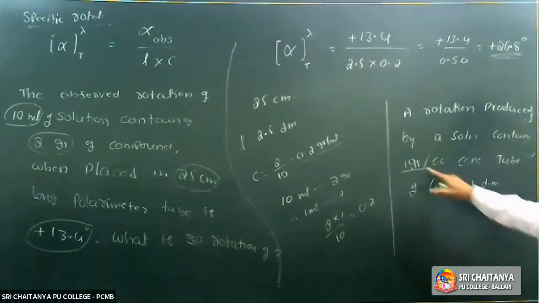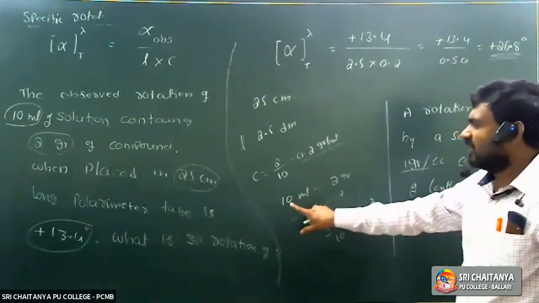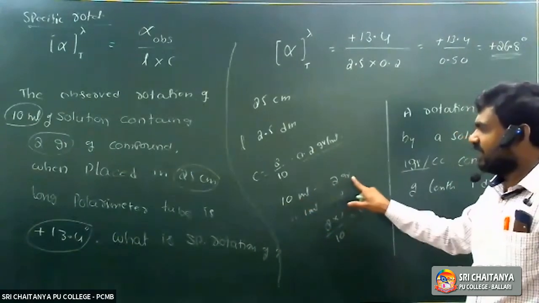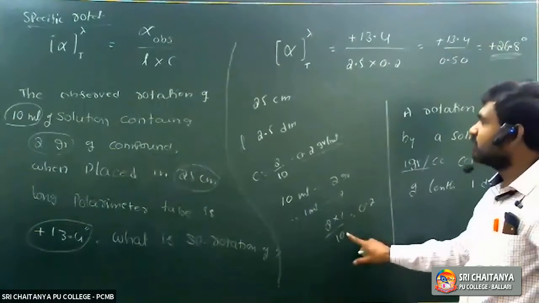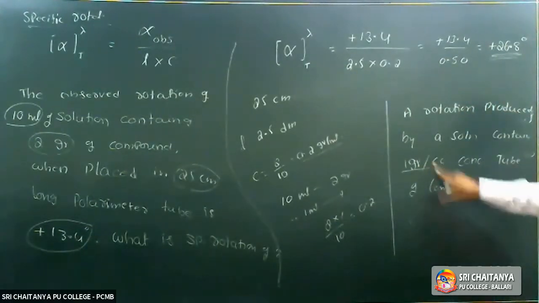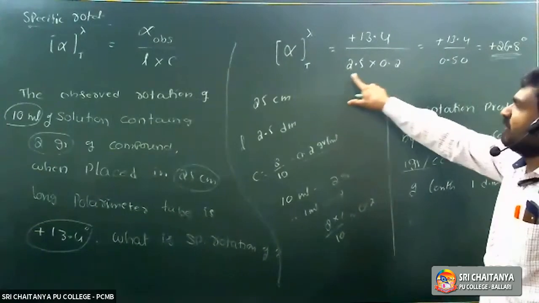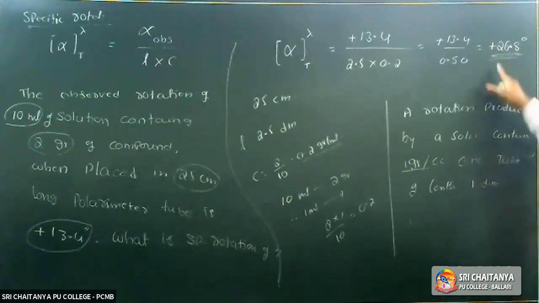1 cc is equal to 1 milliliter, so 10 ml is equal to 10 cc. 10 ml of solution containing 2 grams, therefore 1 ml contains 0.2. So concentration is expressed in gram per cc. Length of the tube is taken in decimeters, so 25 by 10 is 2.5. So plus 26.8 is the specific rotation.